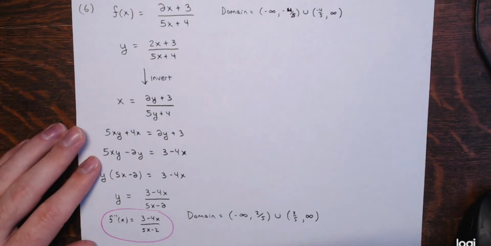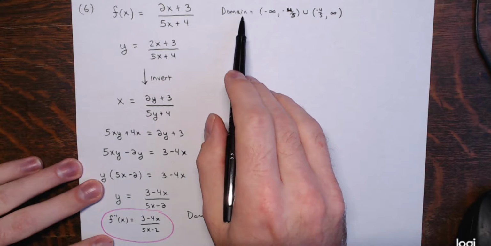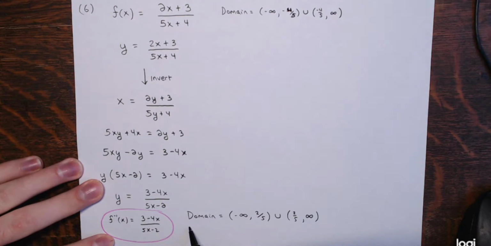And now I know the ranges for each of these. Since I have the domain for each of them, I now know the ranges. Remember, the domain of one function is the range of its inverse. So the range of f inverse is going to be everything but negative 4/5, just like the domain of the original.